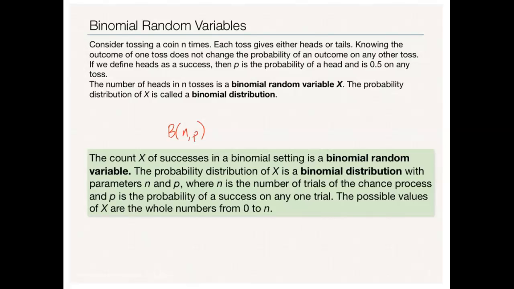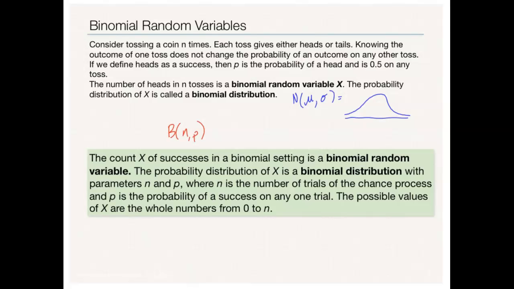A lot like if we know a distribution is normal, we'll write it out as N, the mean, comma, the standard deviation. The mean and standard deviation literally tell you the only two things you would need to know technically to be able to graph that particular normal distribution, right? Same thing with a binomial distribution, it's just the parameters are different.